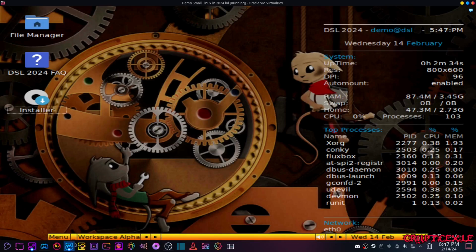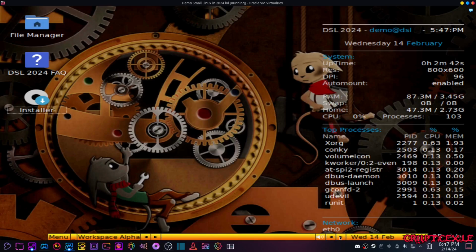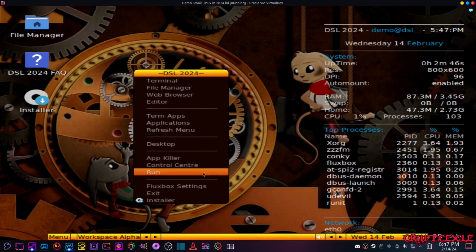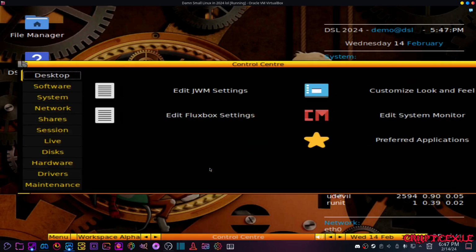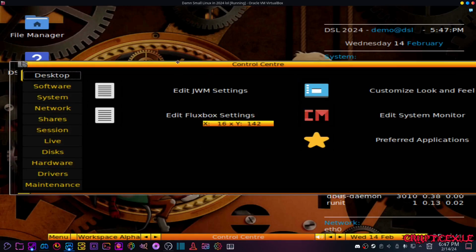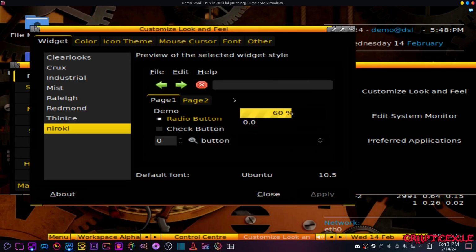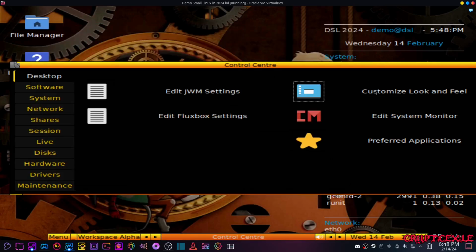This thing, what happened? Okay, so that shows everything on the desktop. So it has volume control, and you can switch workspaces. Yeah, Damn Small Linux. Okay, this does. The old Damn Small Linux had something like this. I remember it had something like this. So I see, this is Antix Apps, pretty much.